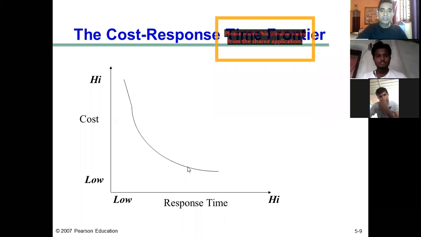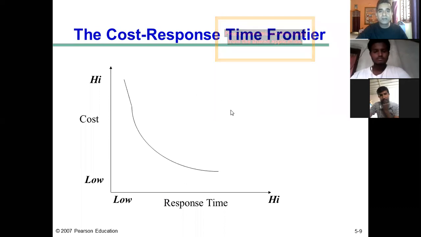It is so because the company will have few centralized facilities where the inventory will be centrally held in large scales. So this helps achieve economies of scale, and the company may resort to slower modes of transportation. So this is the first relationship what we understood, the cost response time frontier.